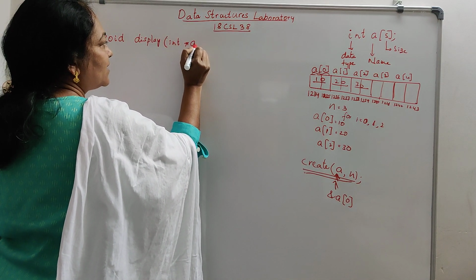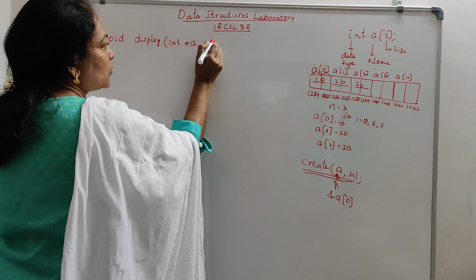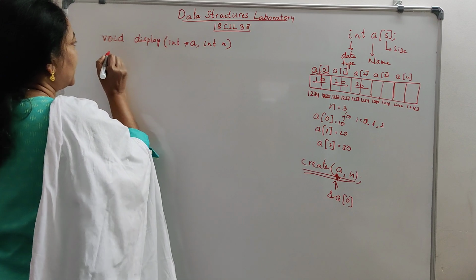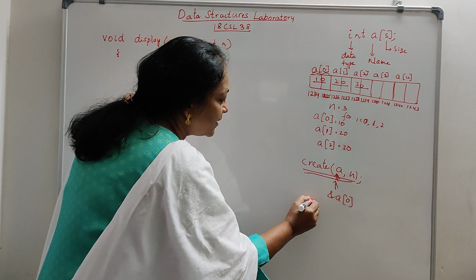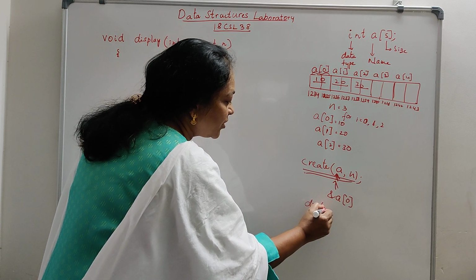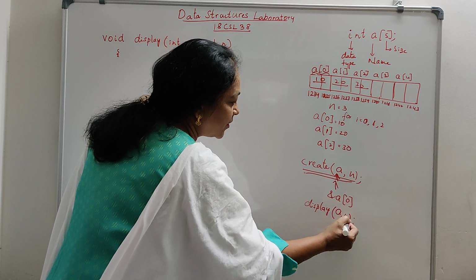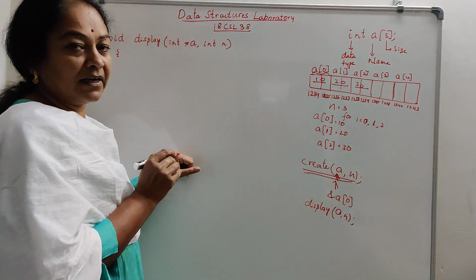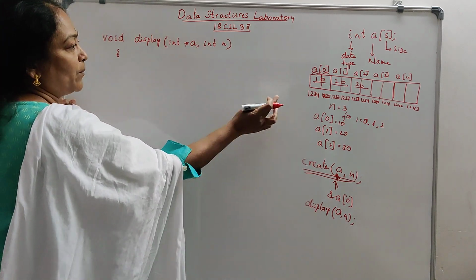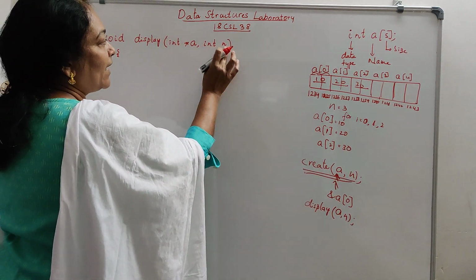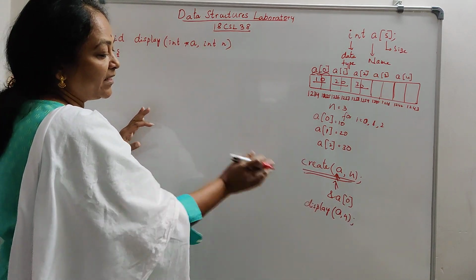It needs the base address of the array and also the number of elements. So in the main function, the function call would be display, then a comma n. These two parameters are needed as far as the display function is concerned. The base address is coming, and how many elements there are in the array is also sent by the function call.